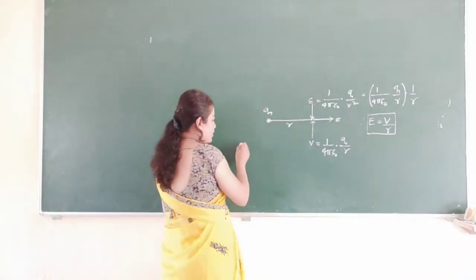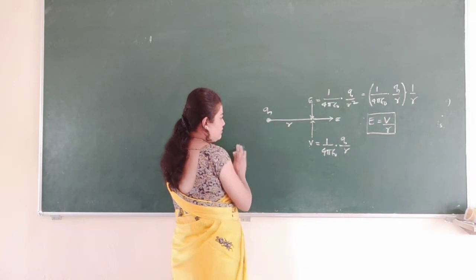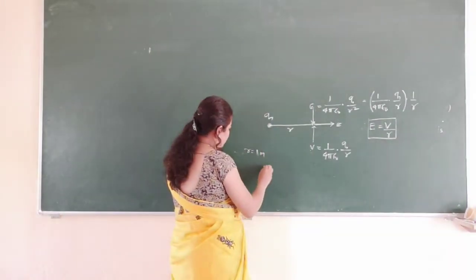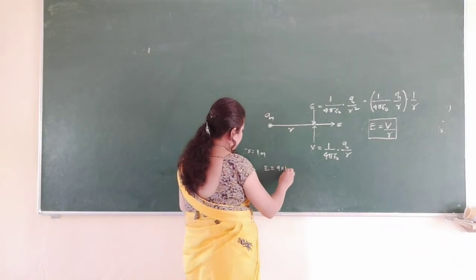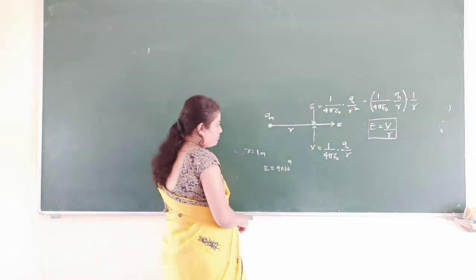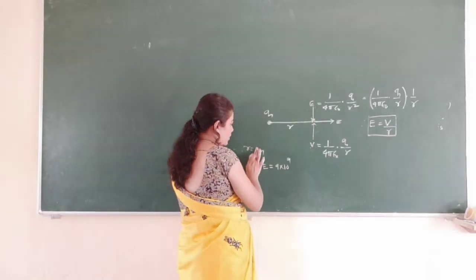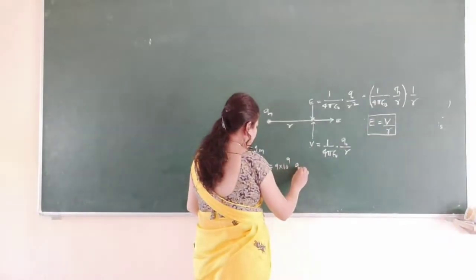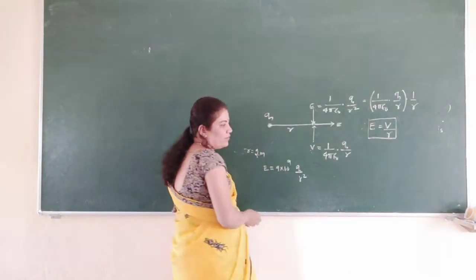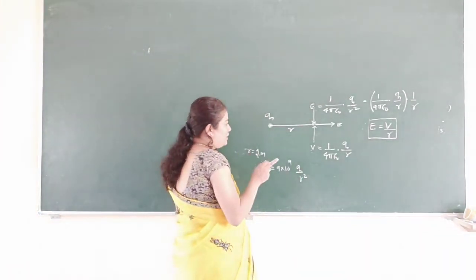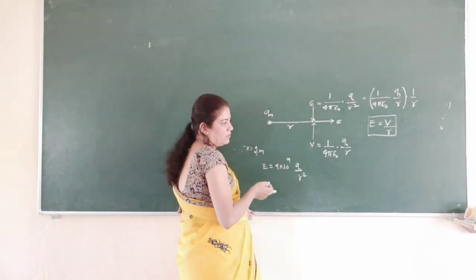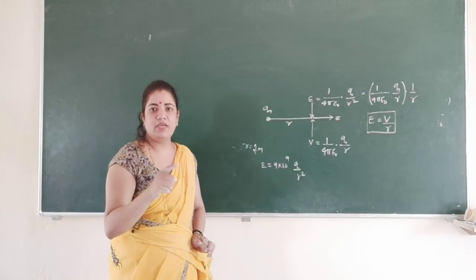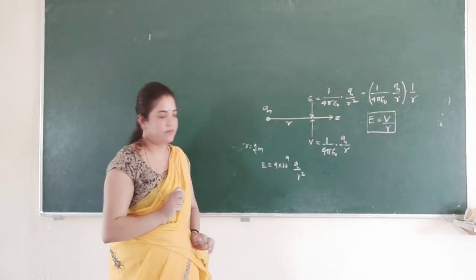For example, take R equal to 1 meter. So E equals 9 into 10 to the power 9, or I take 2 meter, Q divided by R square. If you take 1 meter, both will be the same. At 1 meter, E and V are the same, remember. If you take any other distance, E and V are not the same, they are different.